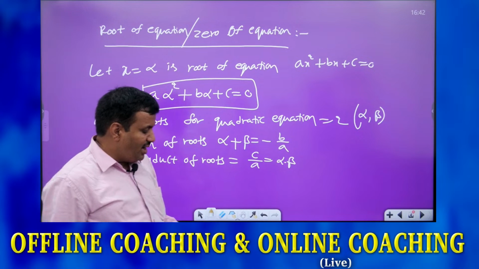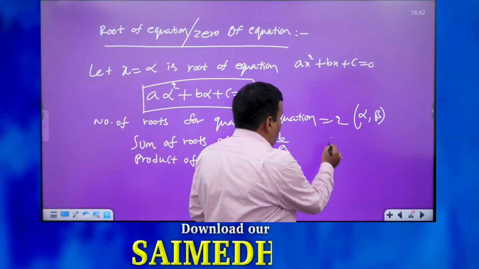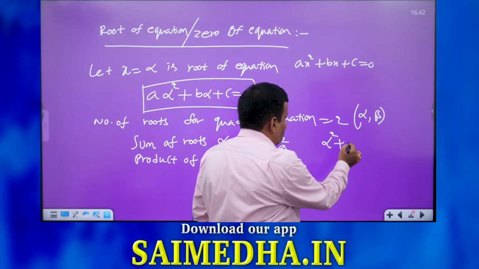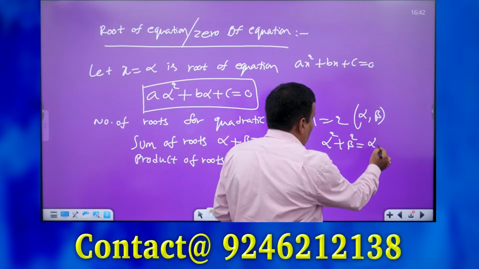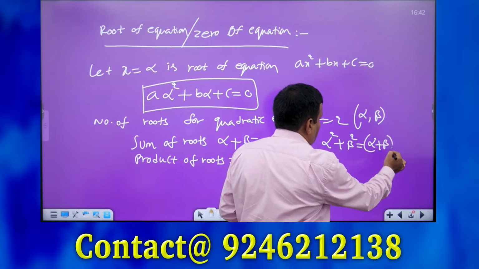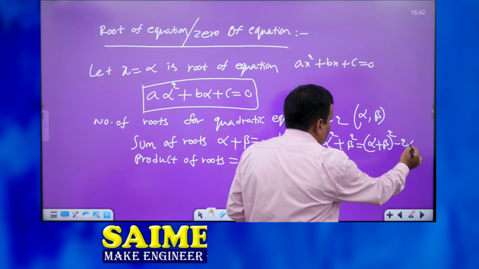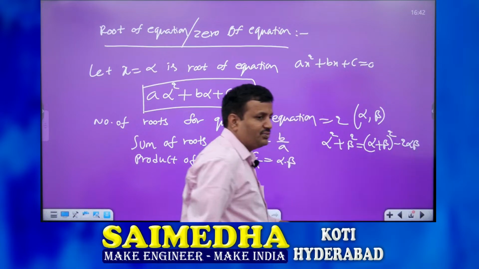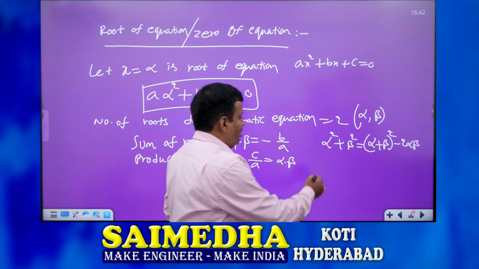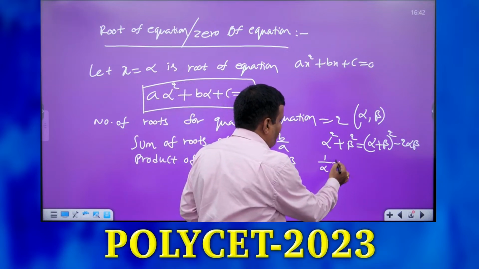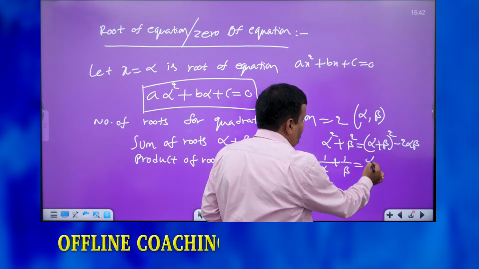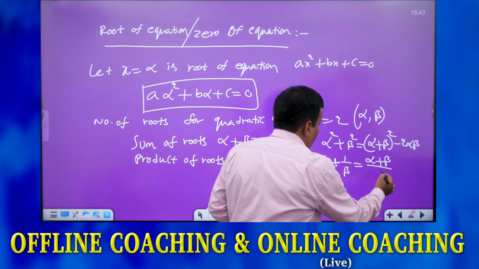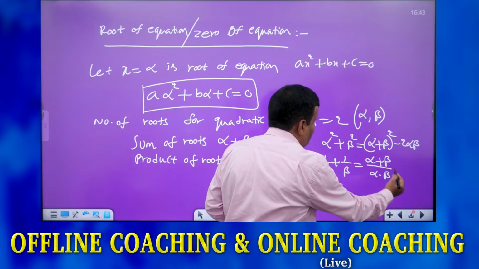Along with that, we should have the knowledge about alpha square plus beta square. Alpha square plus beta square is alpha plus beta whole square minus 2 alpha beta. This knowledge is also required. And what is 1 by alpha plus 1 by beta? It is alpha plus beta divided by alpha into beta.